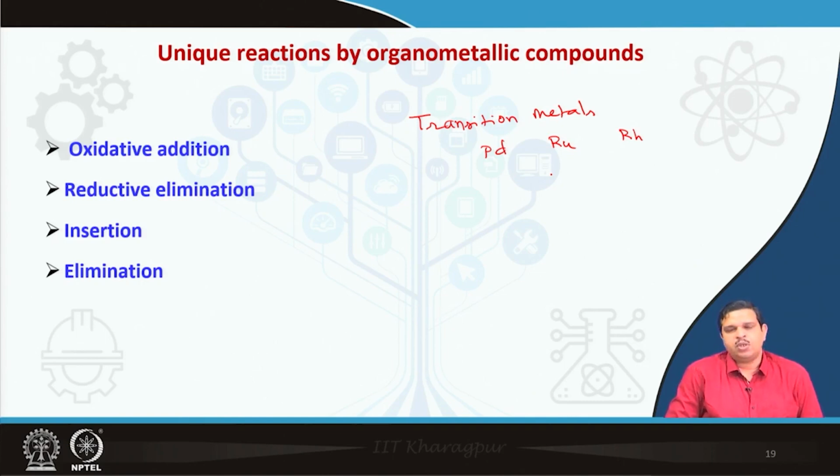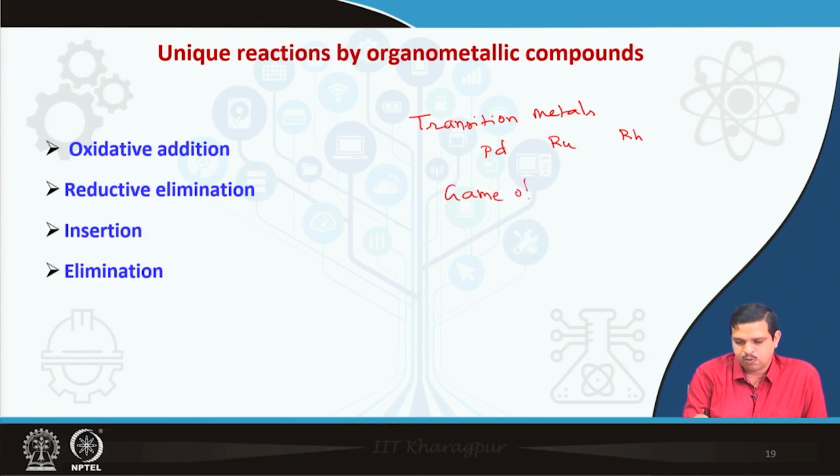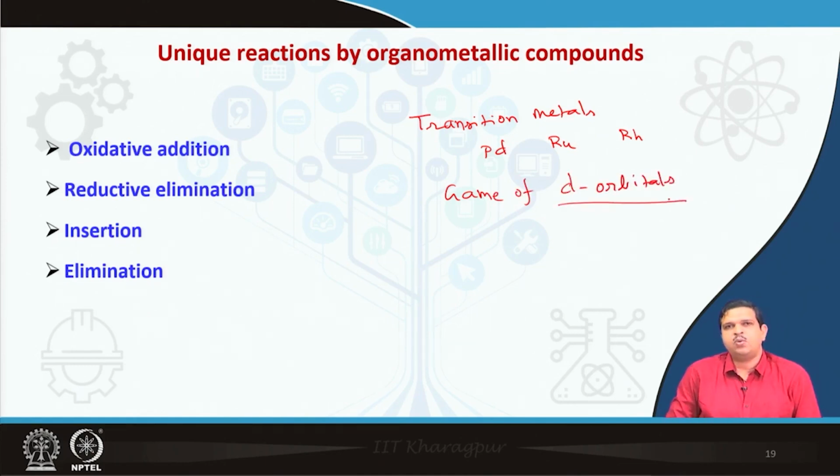So, what is the beauty in the organometallic compounds? This is the game of d orbitals. I will show you in the later part how these d orbitals play a role.